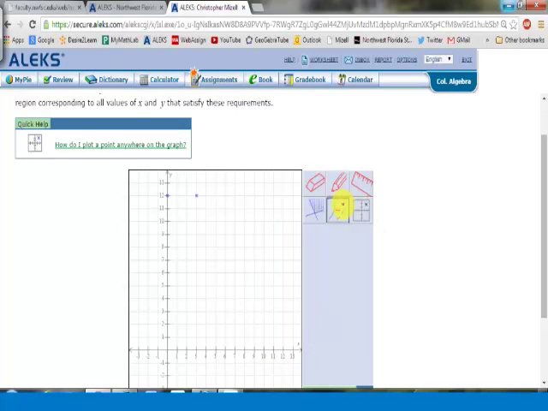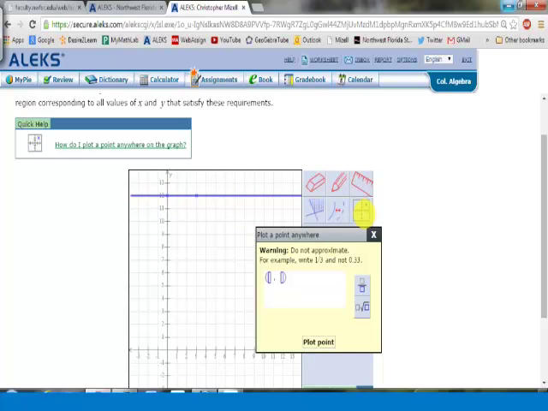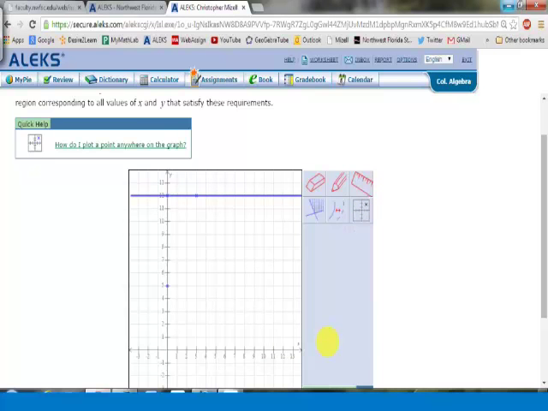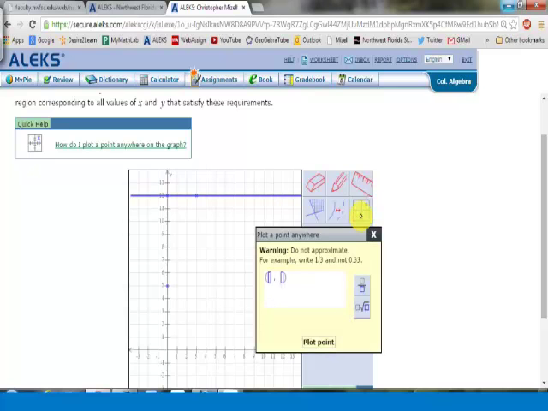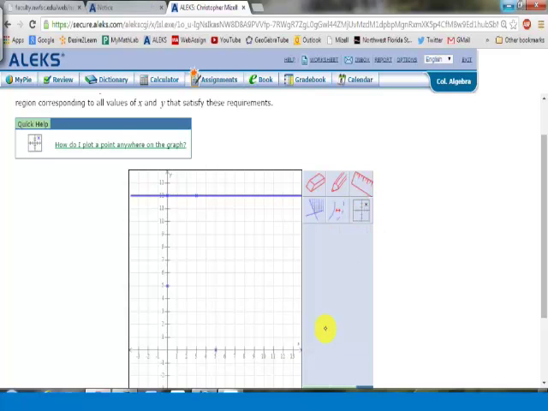Plot it. Ruler. And connect the dots. All right. We're going to need X plus Y equals 5. Let's go 0, 5, and 5, 0. Maybe I didn't click exactly on one of the points I needed to click on.